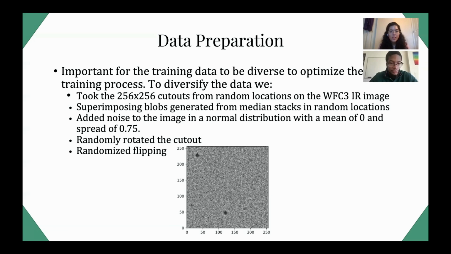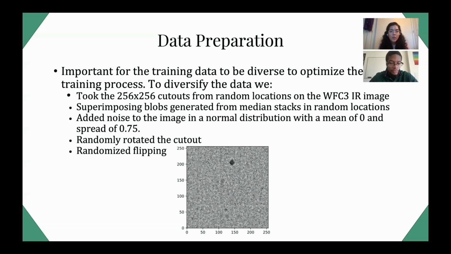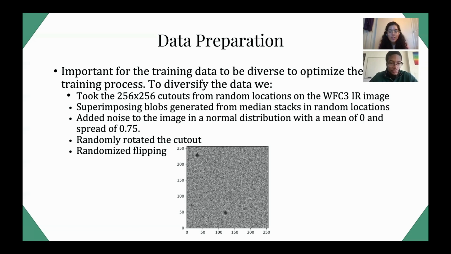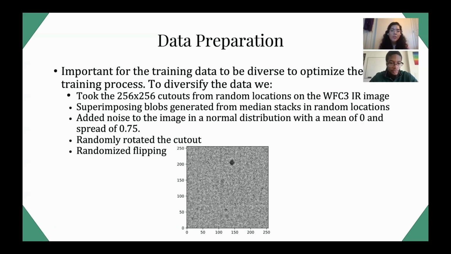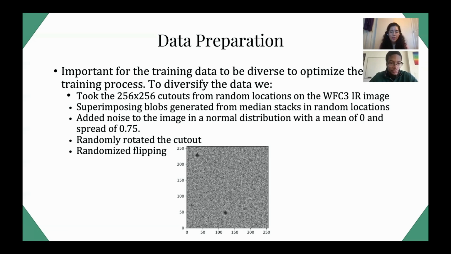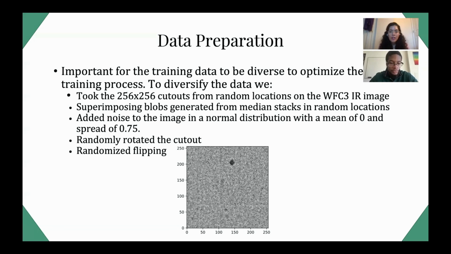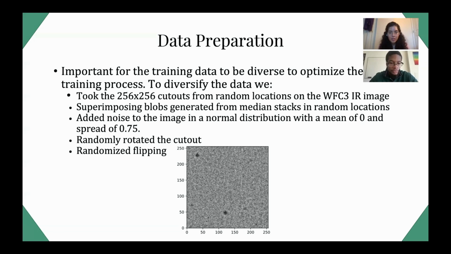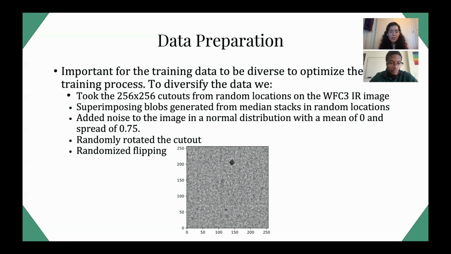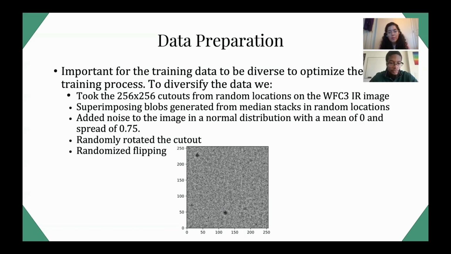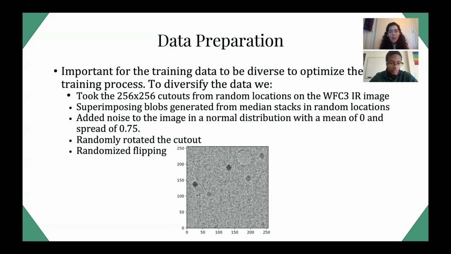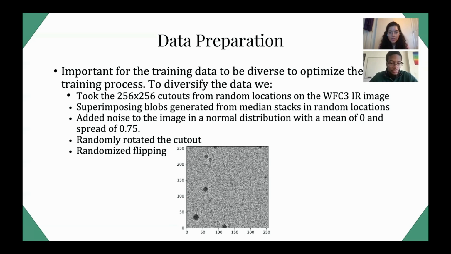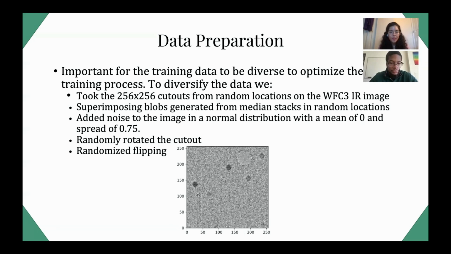The first step is we take random 256 by 256 cutouts, or subframes, of that region of the IR full frame. And for the blob images that are labeled 0, that's the point where we superimpose blobs that we generate from a randomly selected median stack from a single epic.